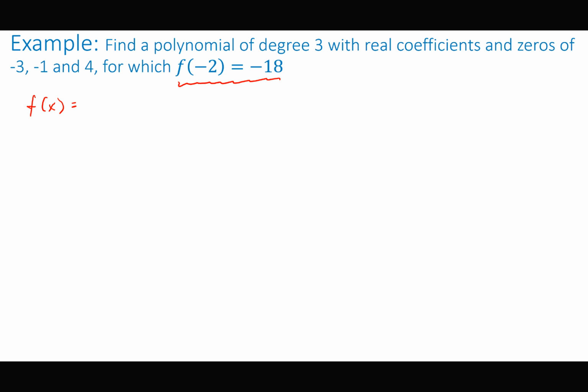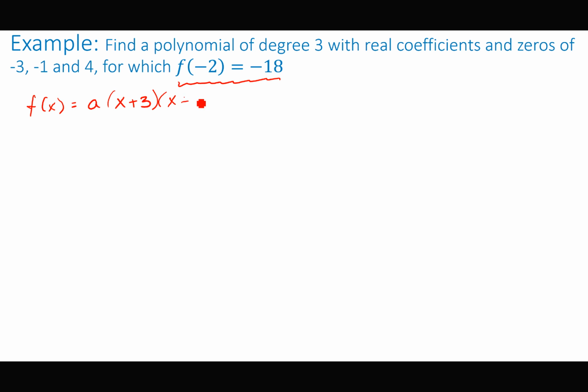All right, so let's just start out. We'll just do it in terms of x. So f of x, and we're going to use a to represent a coefficient that we're going to have. This a is the same as in standard form, ax squared plus bx plus c. A is going to represent some number. If -3 is a zero of my polynomial, what is going to be in my parentheses? x plus 3.